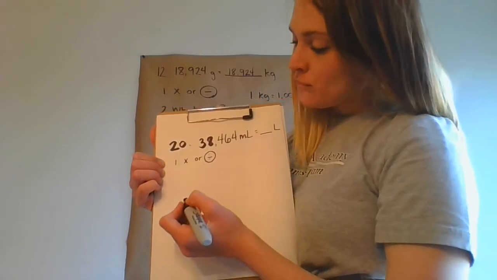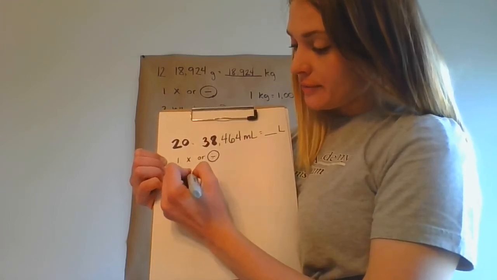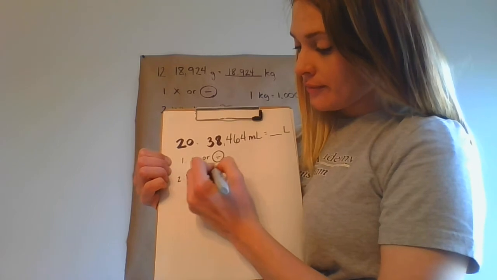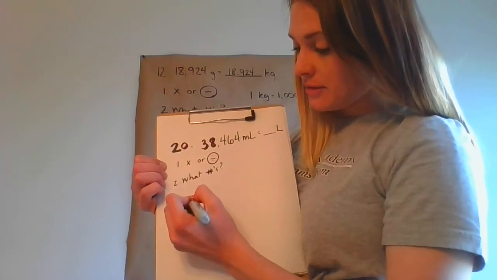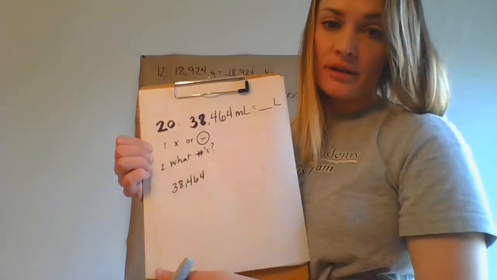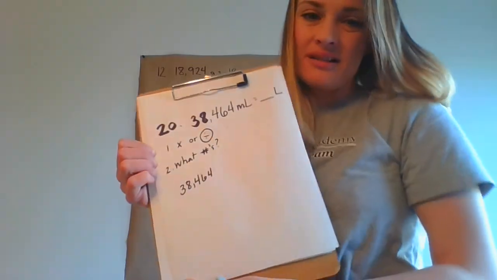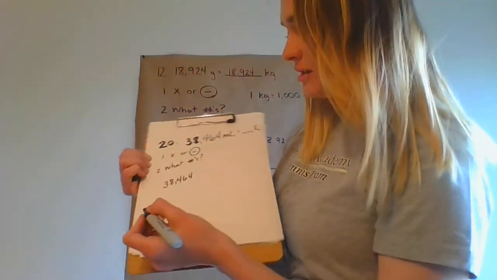Okay. Now I need to know what numbers. What numbers am I dividing? I already know one of my numbers. I have to figure out the second number, okay? Sorry, this is kind of awkward because I'm writing on it.